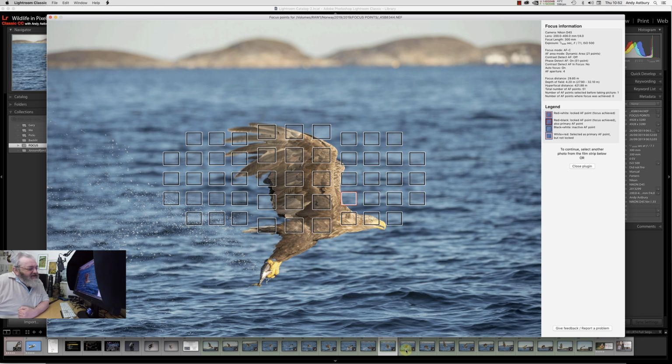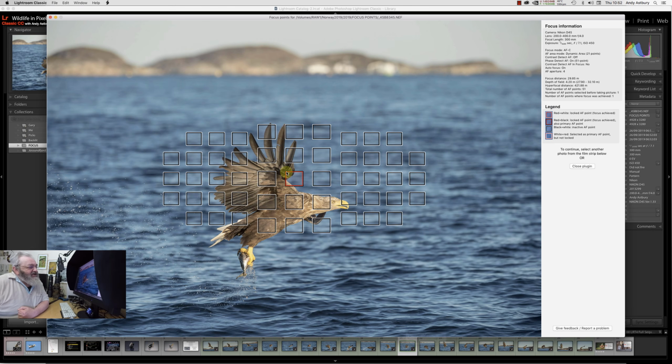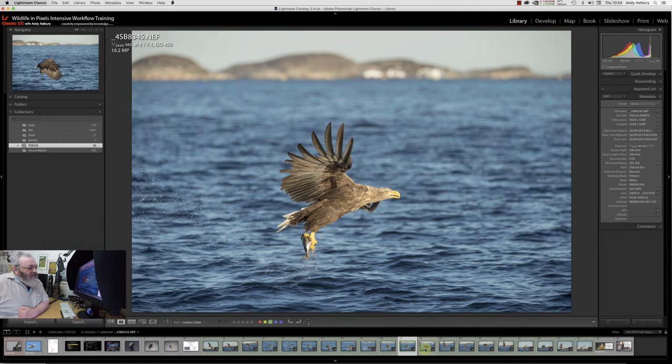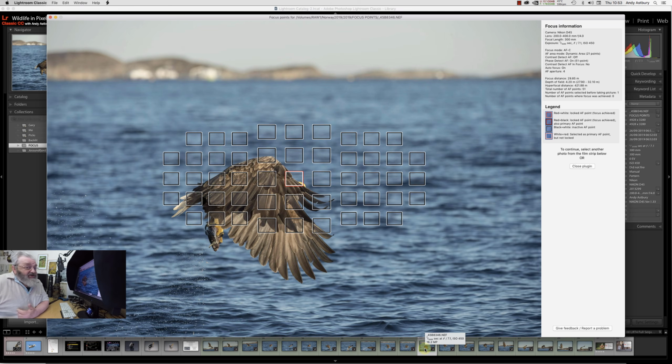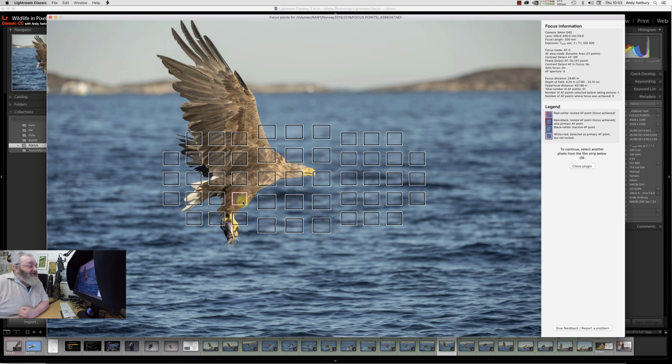Now if I move over to the next shot, it's jumped back to the primary selected point. The next one is still on the same primary selected point. If I move over to the next one, now it's moved all the way over to the left hand side. Why that is, I do not know, but there you go.